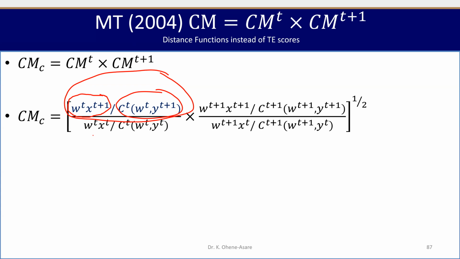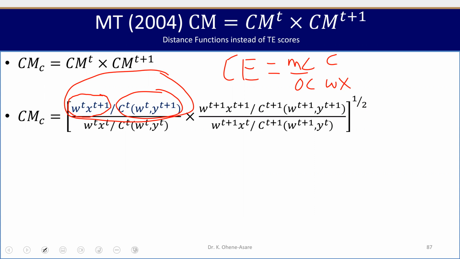So cost efficiency is given by the minimum cost over the observed. The observed is always the WX, and the minimum is the one that starts with the C. But what you are seeing here is rather the observed over the minimum. So it's a reciprocal of the cost efficiency. It means you are dealing with distance function, and this is cost distance function.